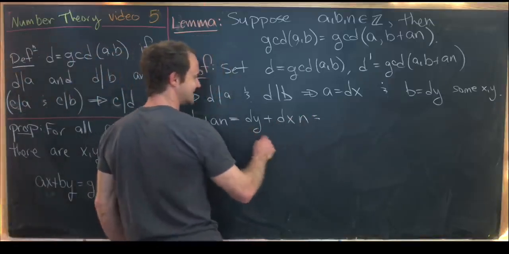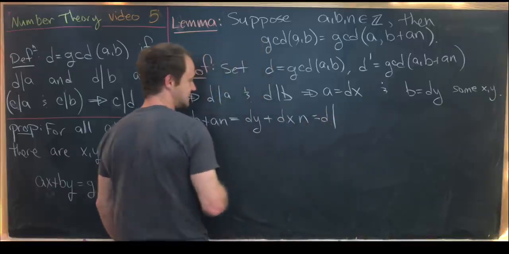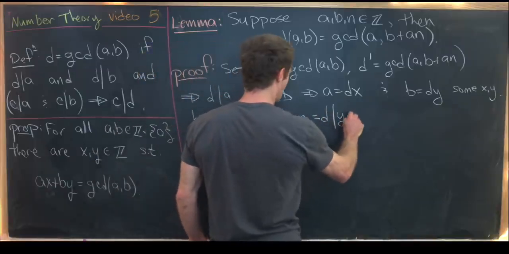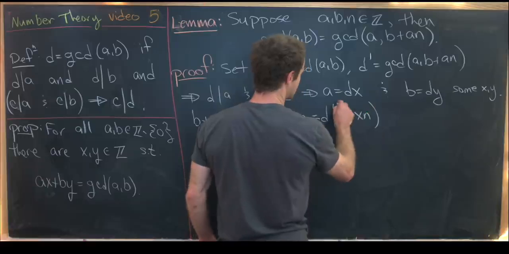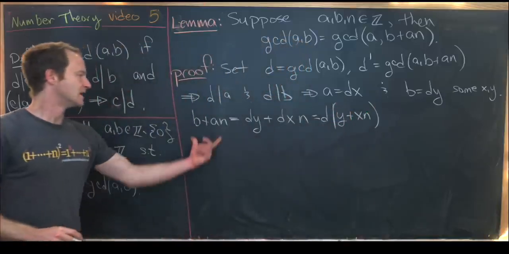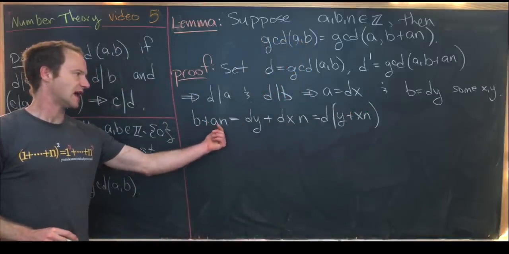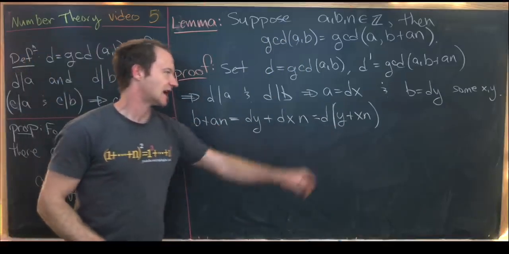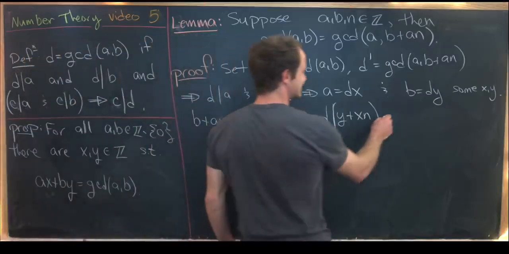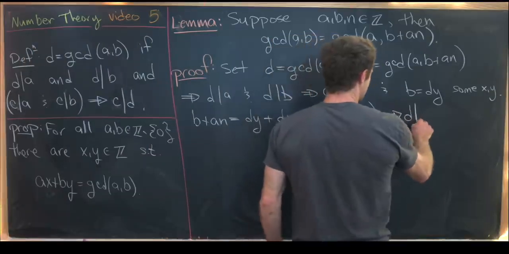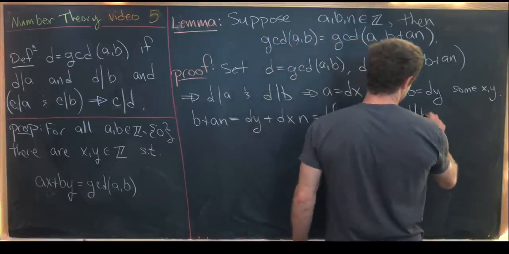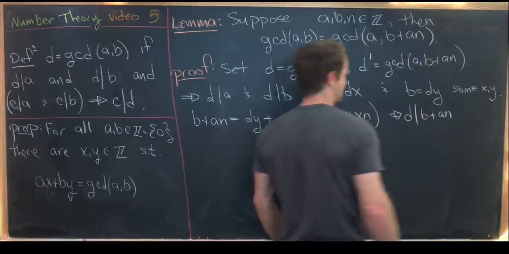But we can factor a d out of this, giving us d times the quantity y plus x times n. But the fact that we can write b plus an as d times some other integer is exactly what we need to say that d divides b plus an.